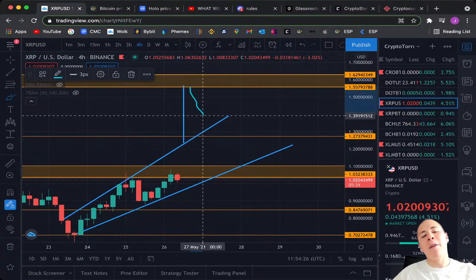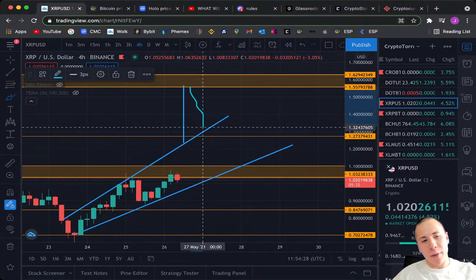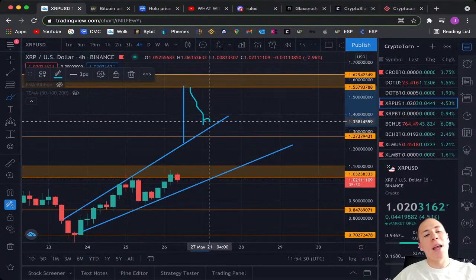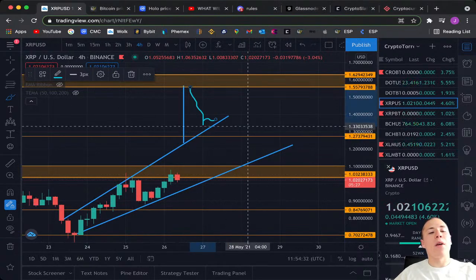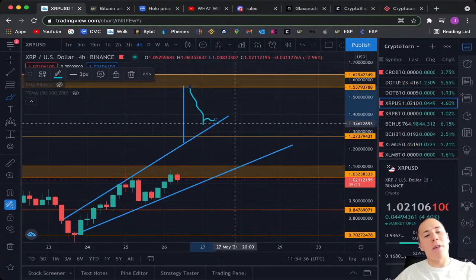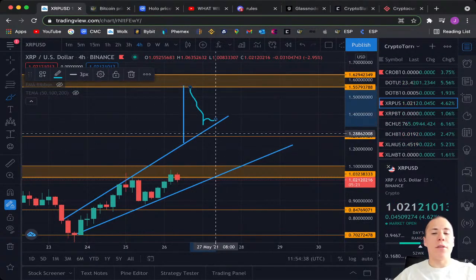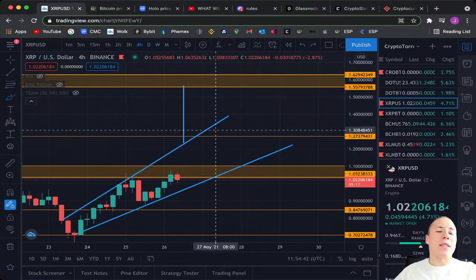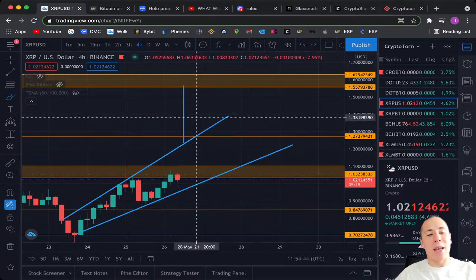And I would be personally waiting for XRP to find support on top of this ascending resistance and actually turning it into an ascending support line instead of an ascending resistance line.